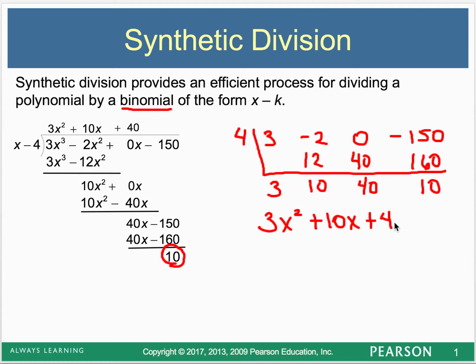This last term is always our remainder. Saying with a remainder of 10 really doesn't make sense since we've got a polynomial, so we'll put it in fraction format: 10 over whatever we divided by, x minus 4.